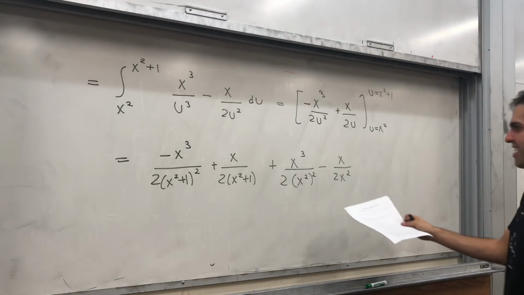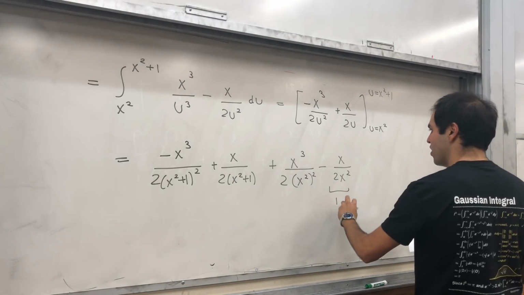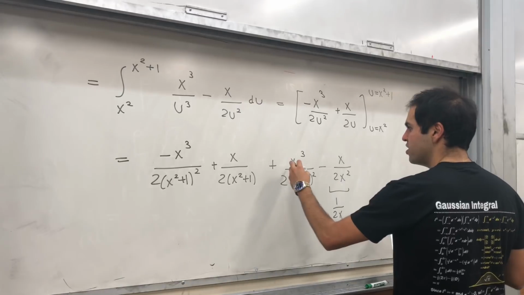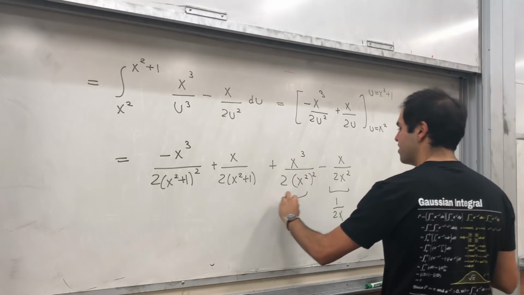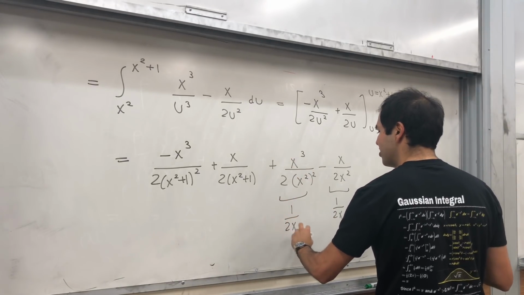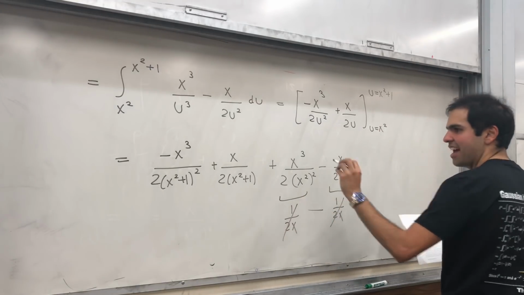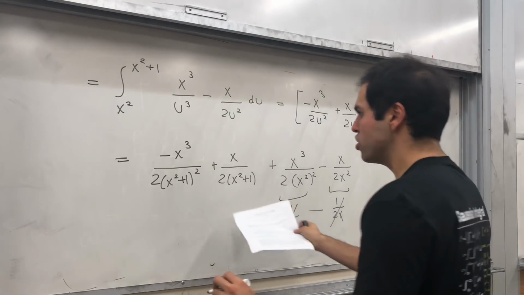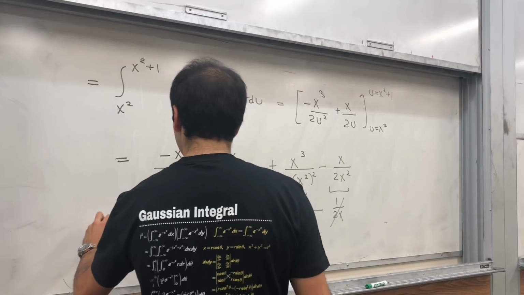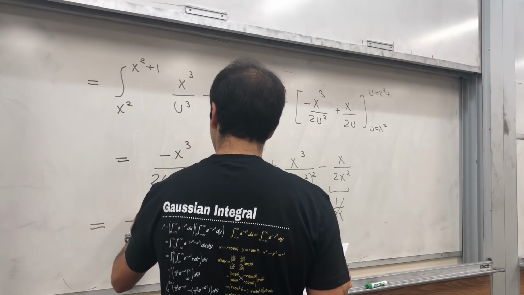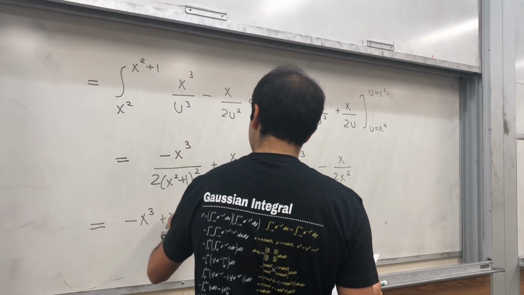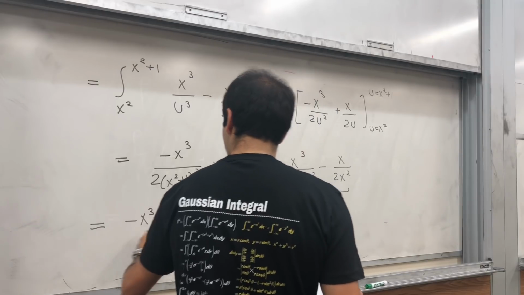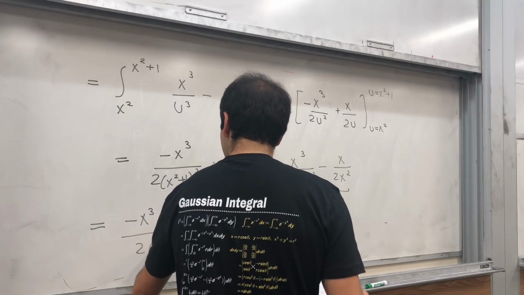And here's the nice thing. This simplifies, so this is 1 over 2x. This becomes x cubed over 2x to the 4th, so 1 over 2x. This cancels out. And then this, you just put it on a common denominator, so it's minus x cubed plus x times (x squared plus 1) over 2 times (x squared plus 1).